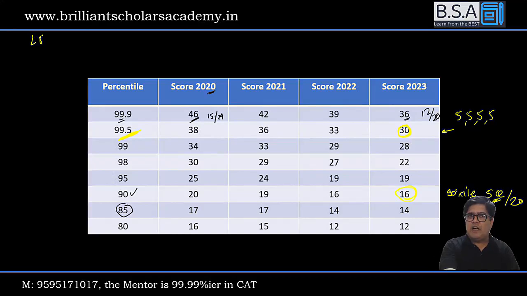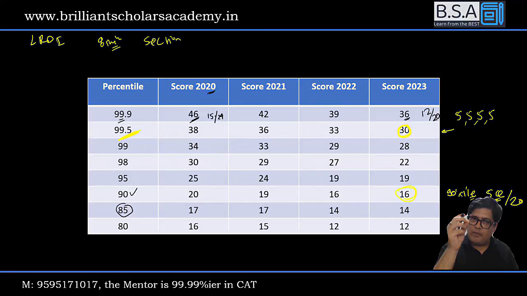Once you start the LRDI section, you take a rough page, or you'll be given a page in the exam, or at home right now you'll have a page or paper. You read everything. You easily spend 8 minutes. 8 minutes is sufficient to read the entire section.